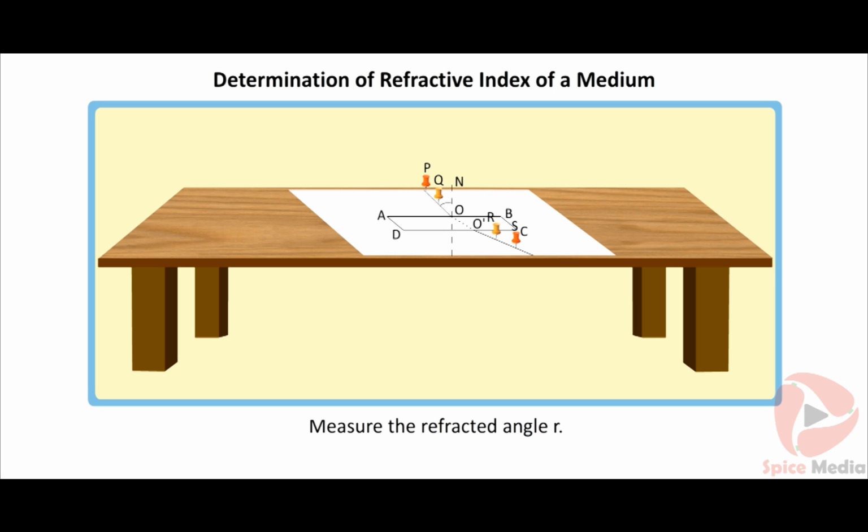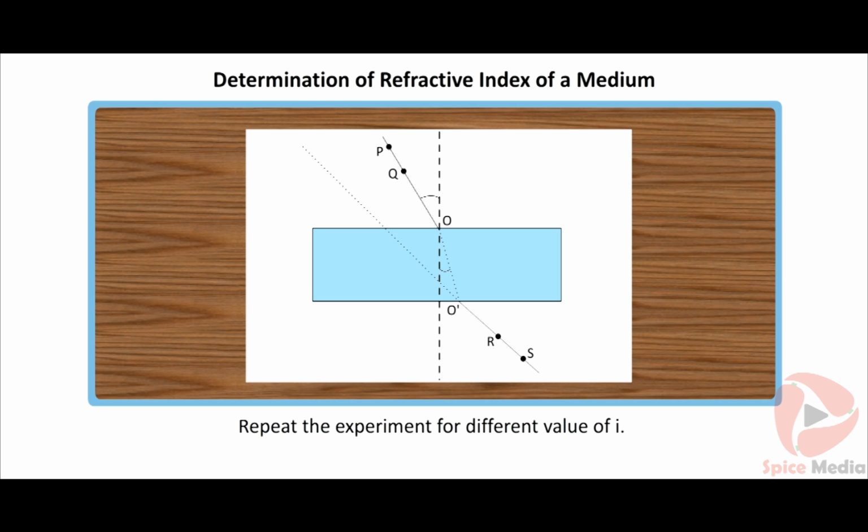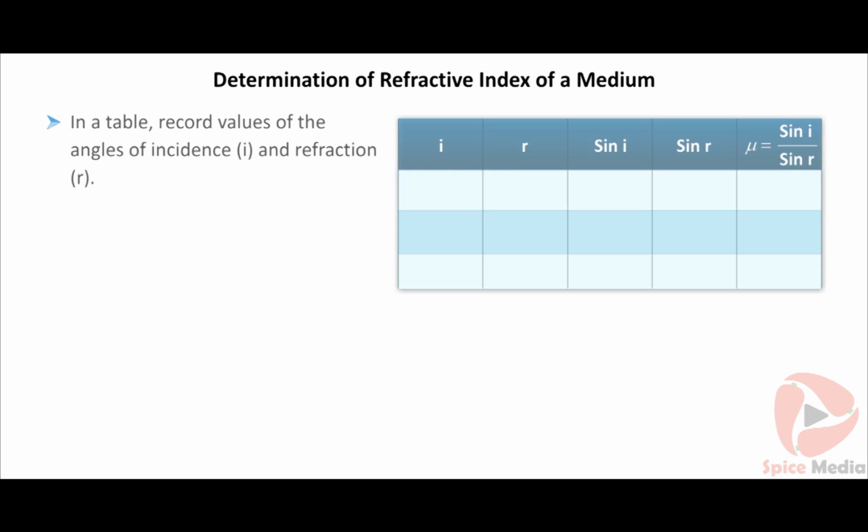Now measure the refracted angle r. Repeat the experiment for different incident angles, say 35 degrees, 40 degrees, 45 degrees, 50 degrees, and so on. Find the refracted angle and tabulate them. Then find the ratio of sine of incident and refracted angles.